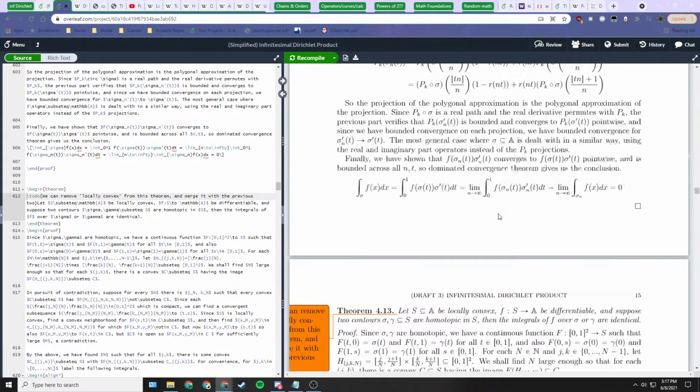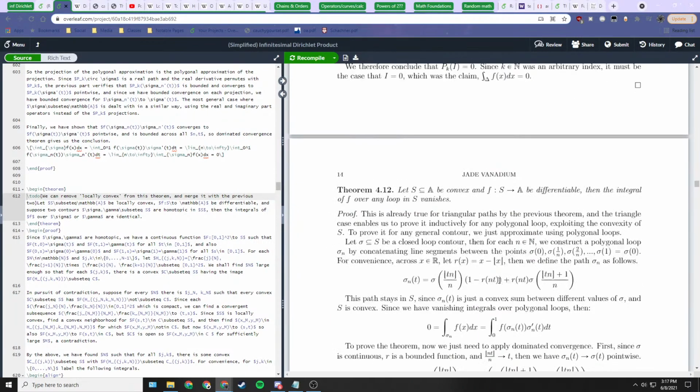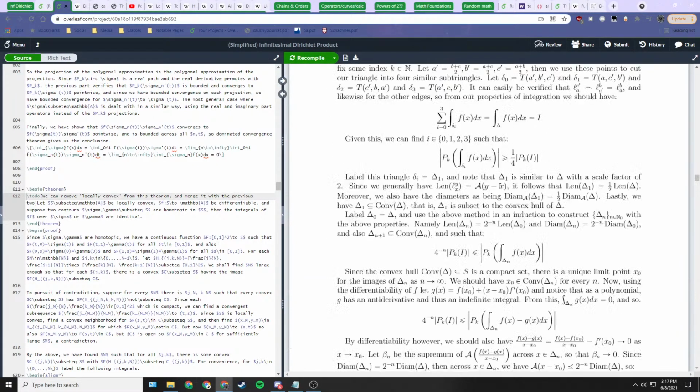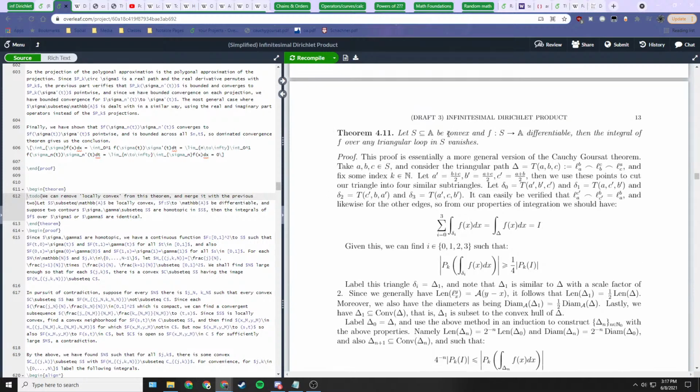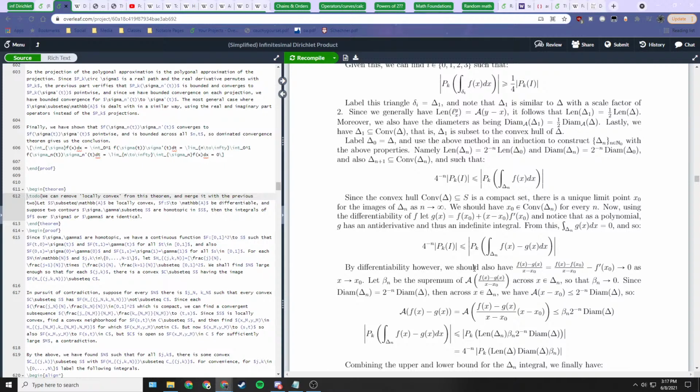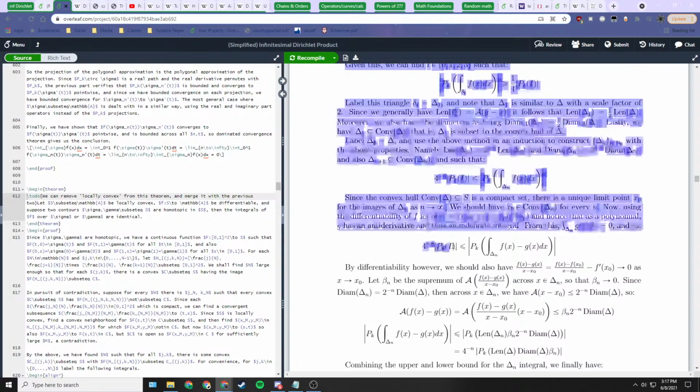I'm not 100% sure, but the idea is that, up here, we had this theorem about triangular loops in convex sets, and the essential idea that we used was that as we decrease the size of our triangles, the perimeter should decrease.